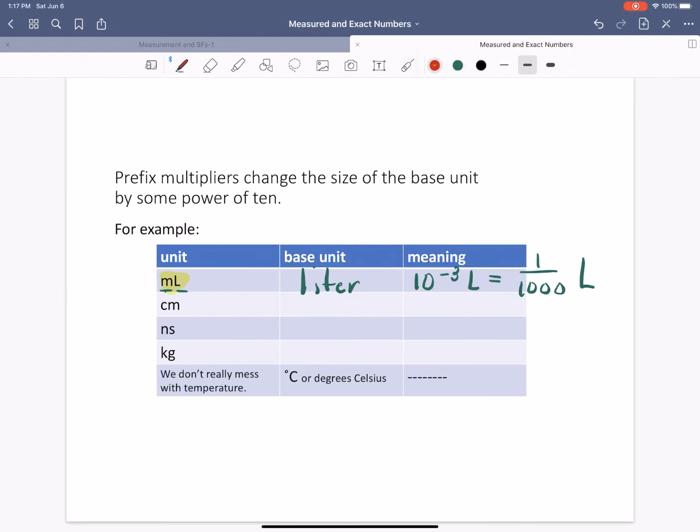Centimeter, the second letter is M for meter. That's the base unit. And then centi means 100th. So we have 100th of a meter, or I could have written it this way: 100th meter is a centimeter.